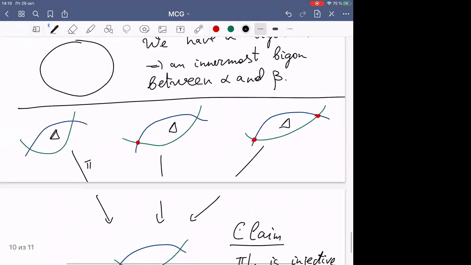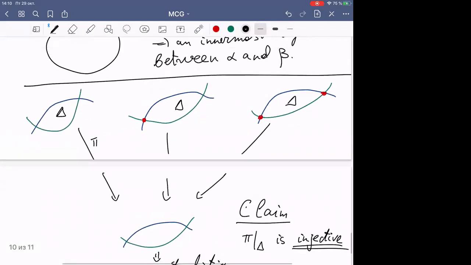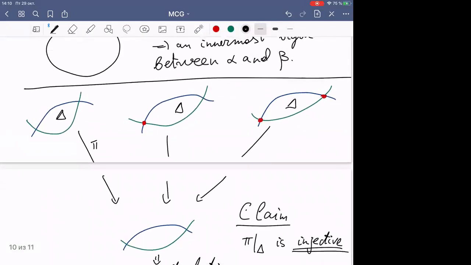The matter is that if it is not injective, then when is it possible? It is possible only if some point in delta is mapped by iota to another point of delta.